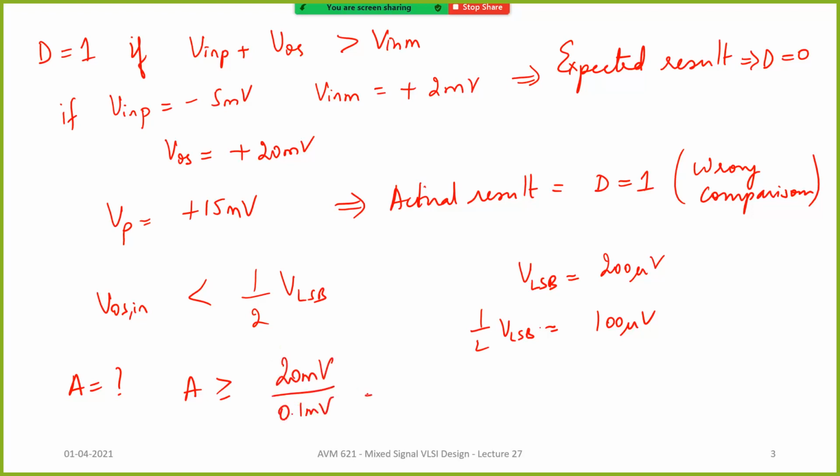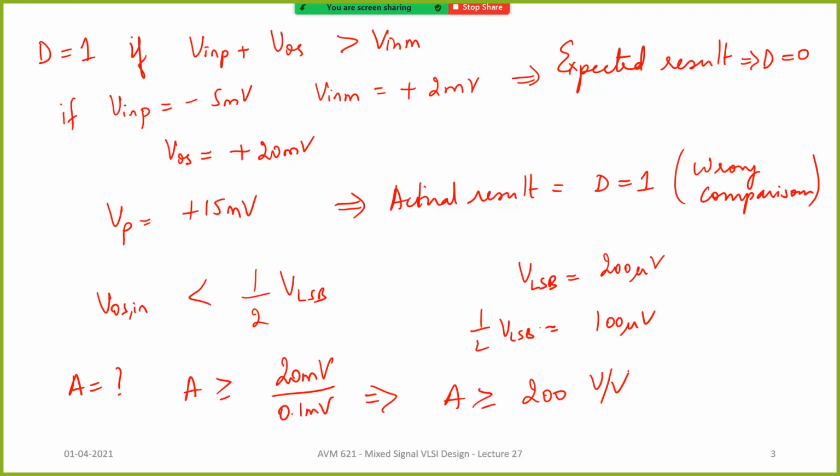So A should be greater than or equal to 200 volt per volt, right? This is how we build a preamplifier, and how we define the minimum gain that is required for the preamplification. Whatever I have given might be a very tight spec, but something like this is what we actually need to have.